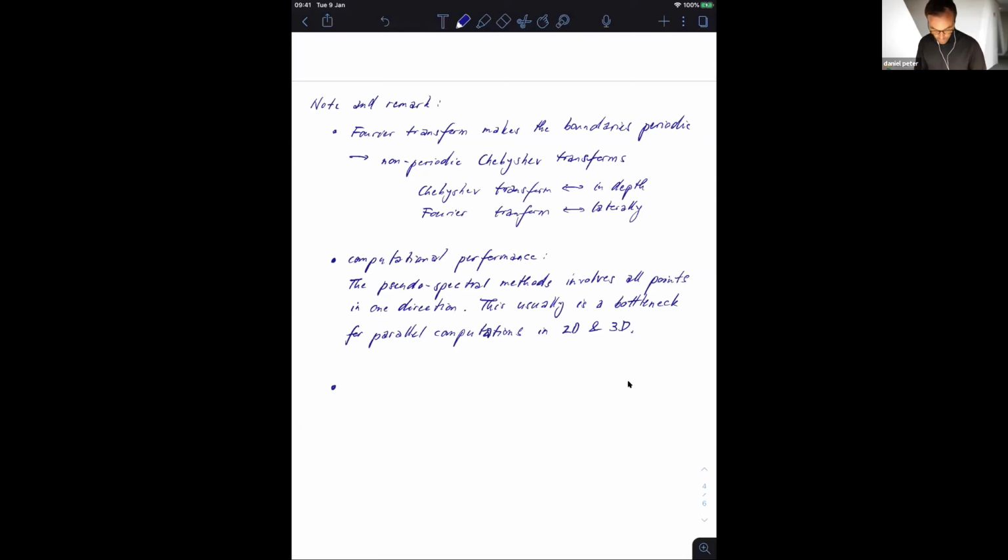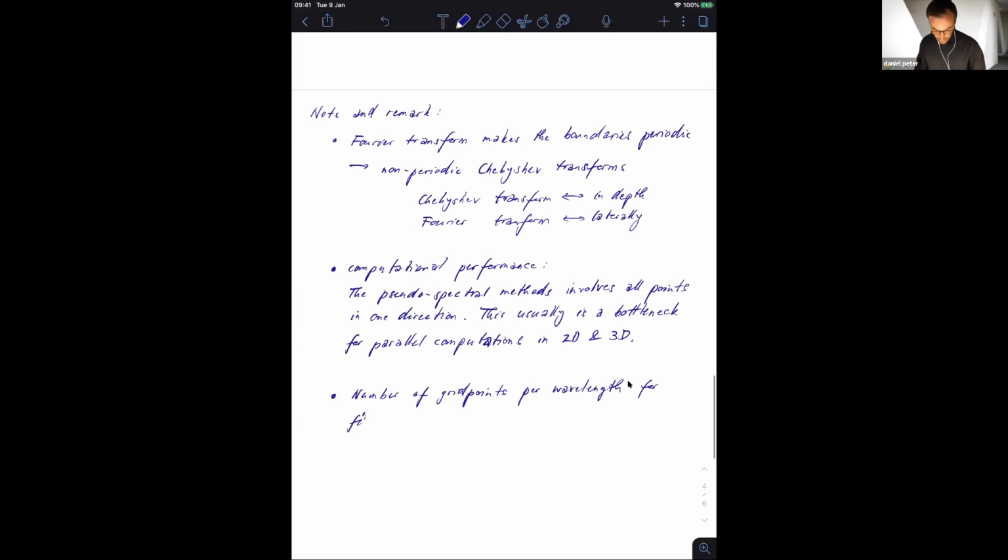So let me quickly put that down. So the number of grid points per wavelength, the signal that we want to simulate for, let's say, typical finite difference.